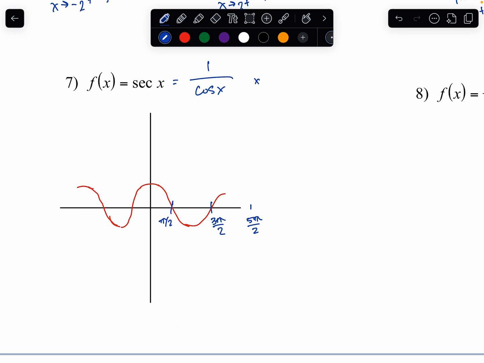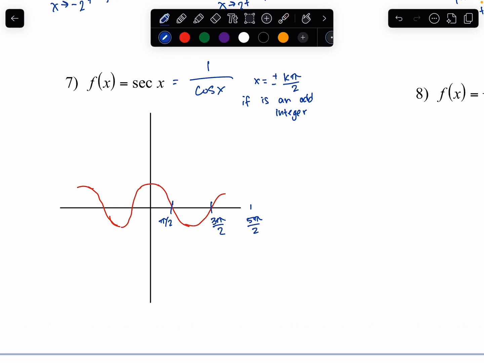So it will have vertical asymptotes at x equals positive or negative k pi over 2, where k is an odd integer, because it goes 1 pi halves, 3 pi halves, 5 pi halves, so odd integers right there.